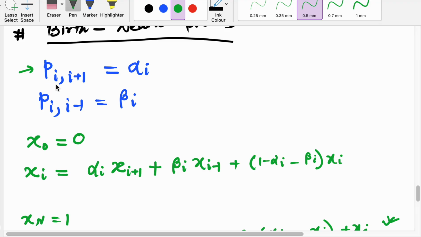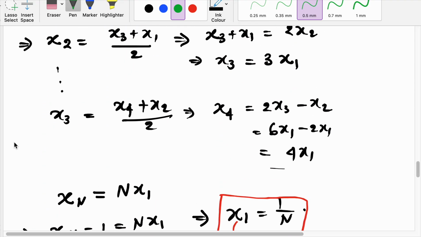So A is producing capital A, and that probability is alpha I, and the capital A dies with the probability beta I. That is what you wrote here. So then how could you write alpha I xi is equal to alpha I and then xi plus 1?